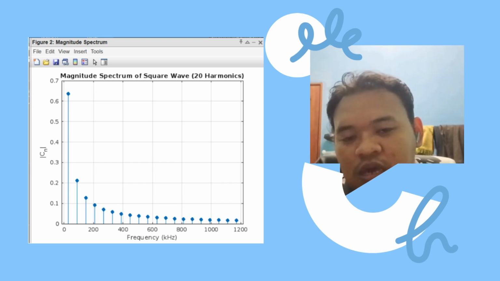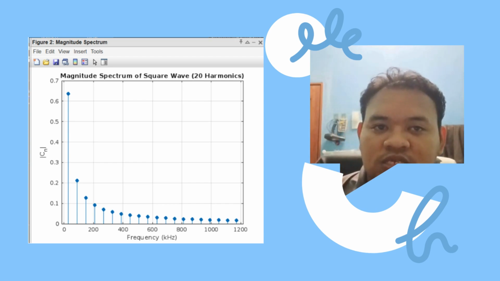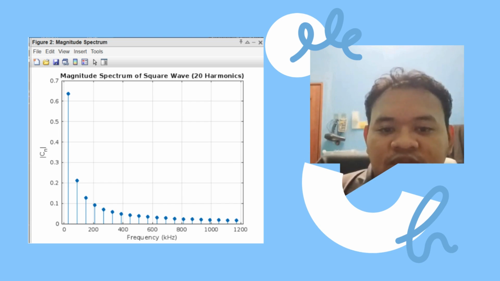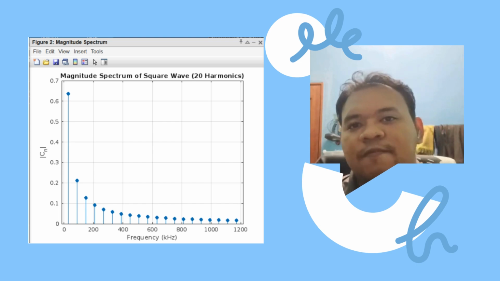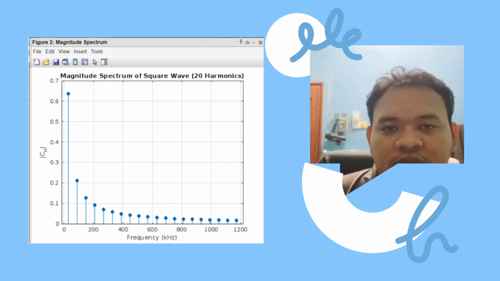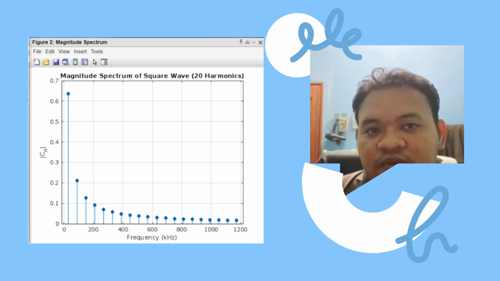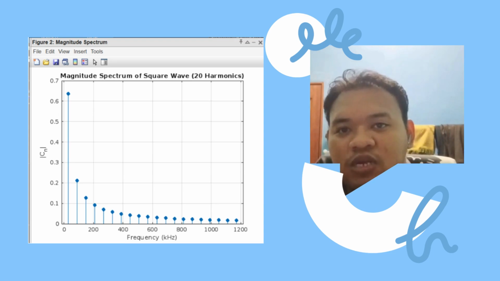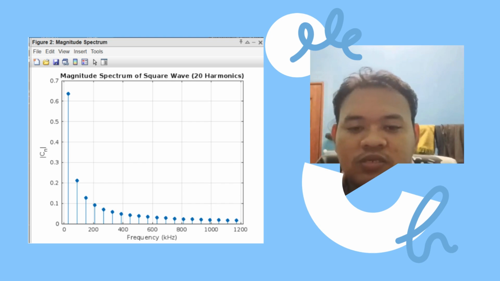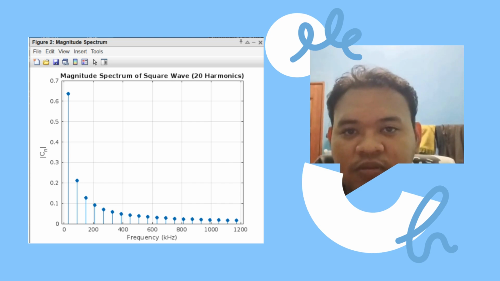These peaks gradually decrease in amplitude as the harmonic number increases. This follows the formula of 1 over n decay. The result matches the theoretical expectation for a 50% duty cycle square wave, where even harmonics are absent. Okay, so that's for the second part.